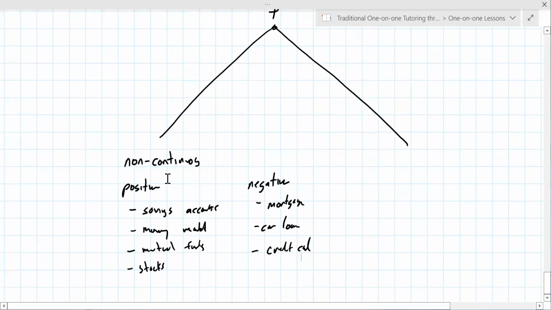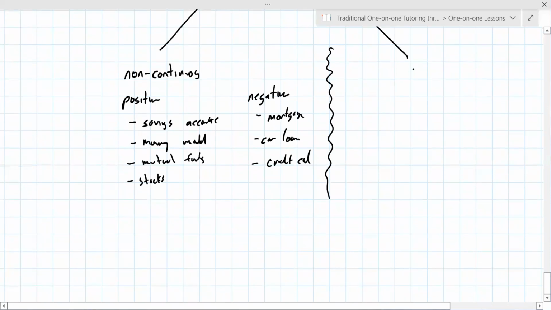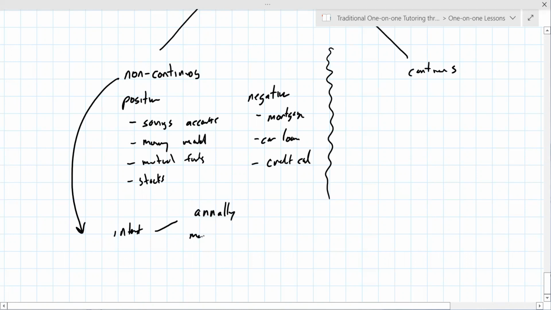But the reason I separate them is because there are 2 different formulas here that you need to know. And so when you're looking at a problem and deciding, well, is it non-continuous or continuous? What you're looking for in the non-continuous is it'll say that the interest is computed in a bunch of different ways. It might say annually, monthly, quarterly, weekly, daily.